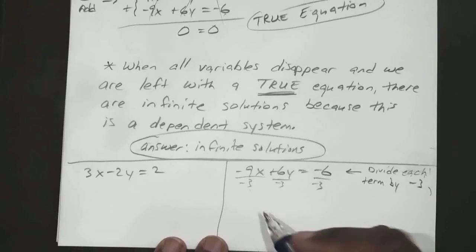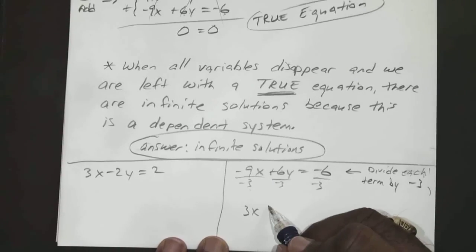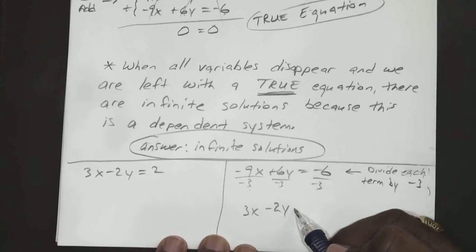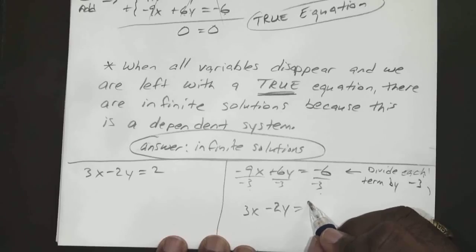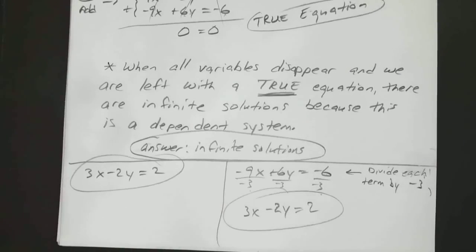Negative 9 divided by negative 3 is 3x. 6 divided by negative 3 is negative 2y. Negative 6 divided by negative 3 is 2. So we have the exact same equation.